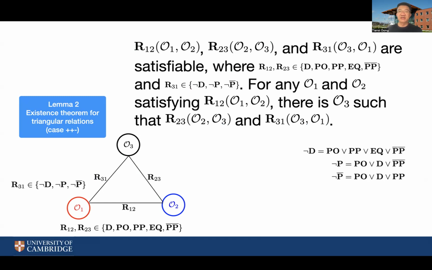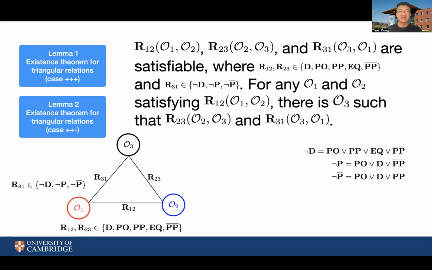Actually, a negation relation can be understood as a disjunction of positive relations, which we can enumerate. So it's a direct conclusion from lemma 1, as long as the three relations are satisfiable.